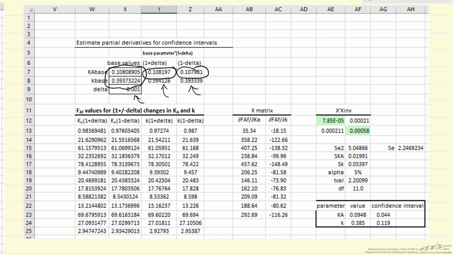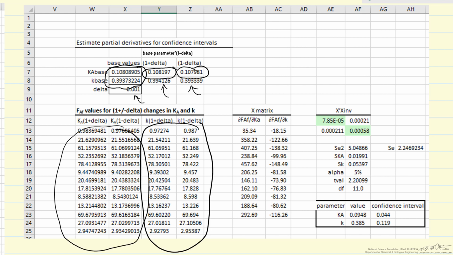We then calculate how that changes the flow rates leaving the reactor by solving the differential equations for the different K values. Here are the solutions when we change different rate constant values, and we essentially have made small changes in the K values and look at small changes in the flow rates, and we can use that to approximate the partial derivatives. And then the solution, again, this is described in more detail elsewhere, our parameters and our confidence intervals.